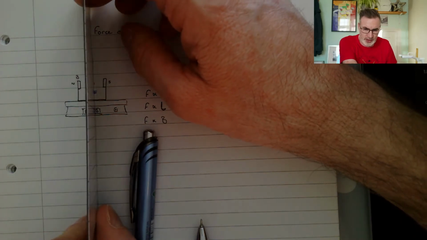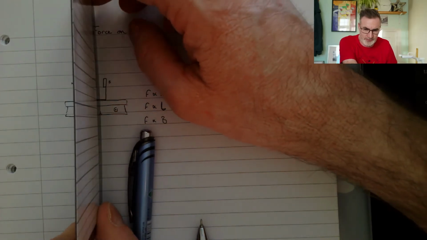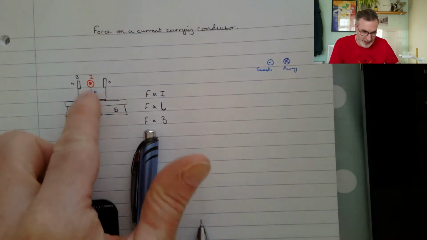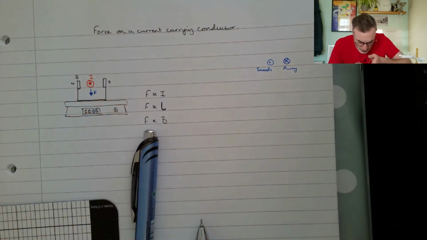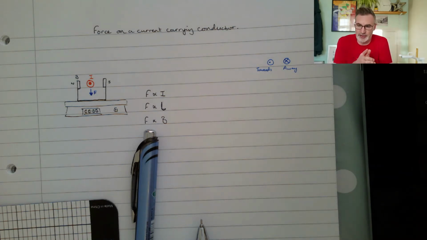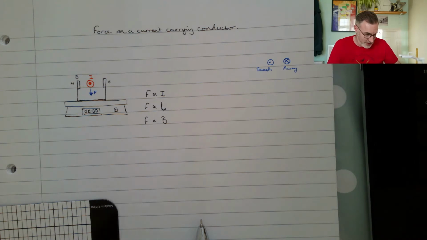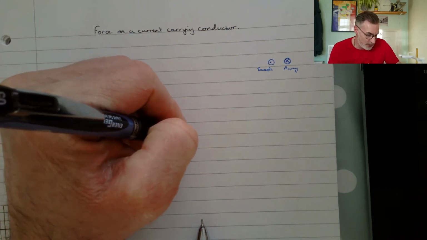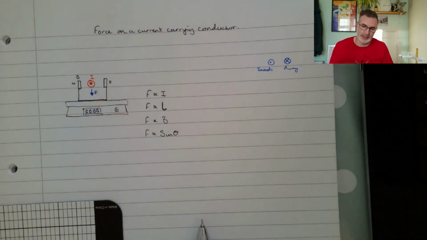I'm not talking about moving it up and down, but making it come through various angles. If we're looking at this end on, but if we're looking at it top down, it's going to move through angles from side to side, and we'll find out that force is directly proportional to the sine of the angle.